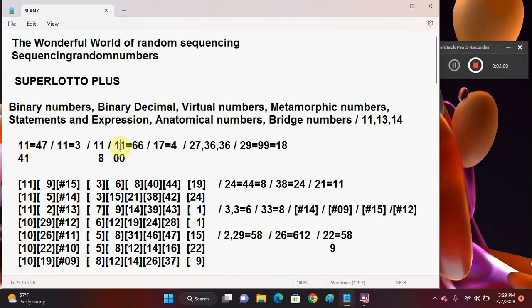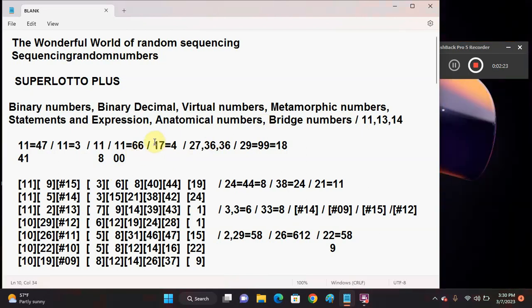When you get a 1 that links to a 0, that's a 6. And if you get another 1 over here that links to a 0, that also makes a 6. So what you got is 6, 6, and 6, 6 is 12, or the statement 2 6s. 12 carries the statement 2 6s. So that's the concept of metamorphic numbers.